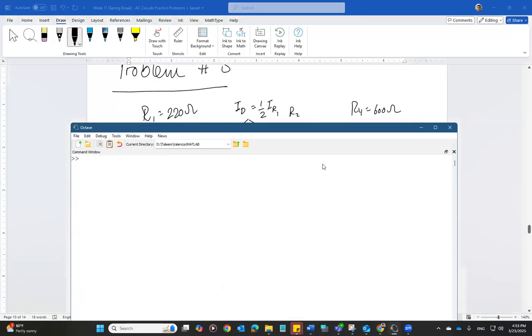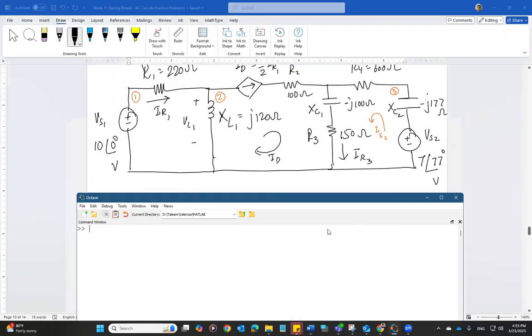Okay, let's see. VS1 equals 10, R1 equals 220, XL1 equals 120i, and R2 equals 100. We're not really using R2 anyways.